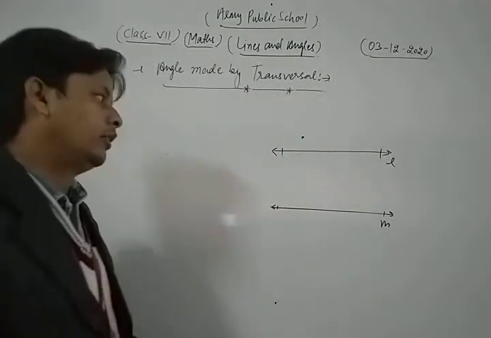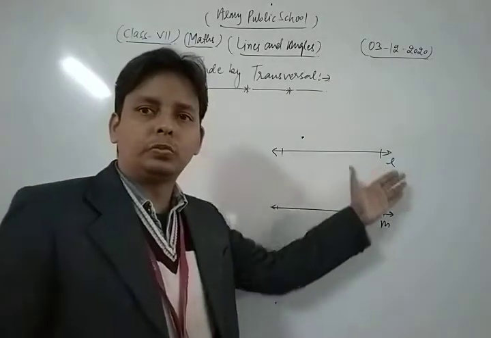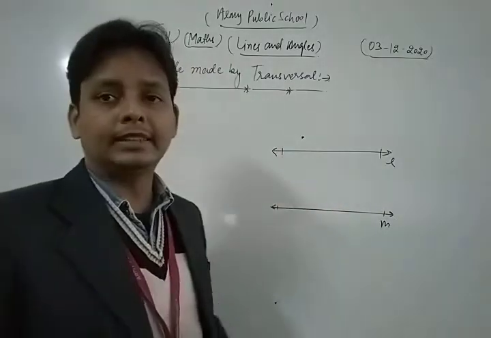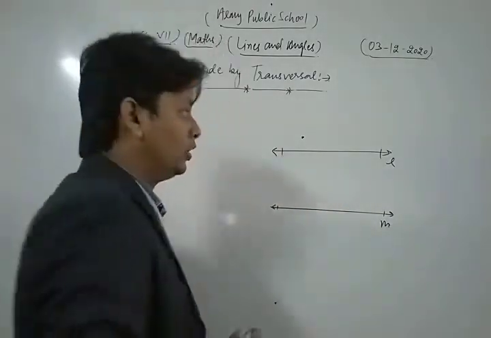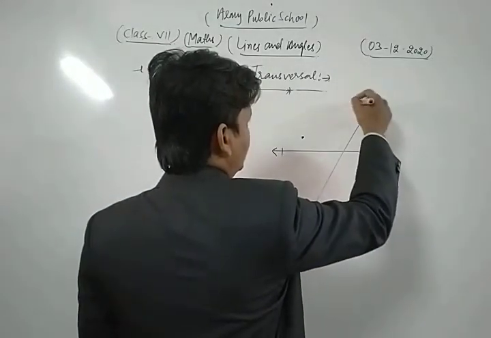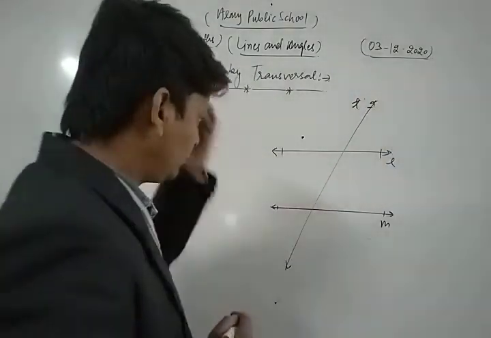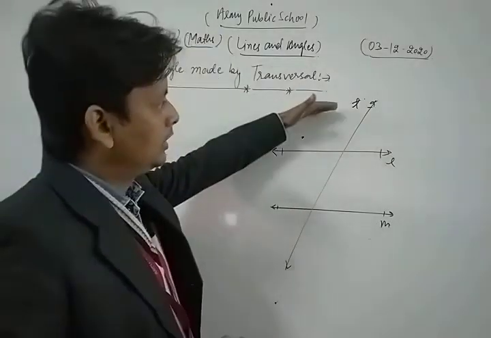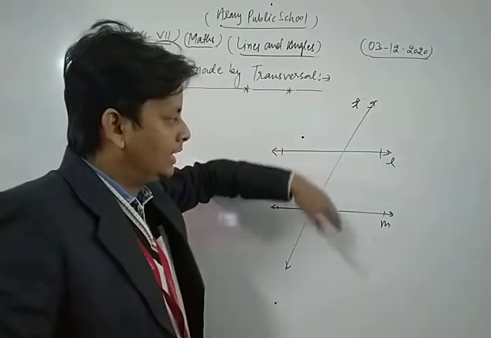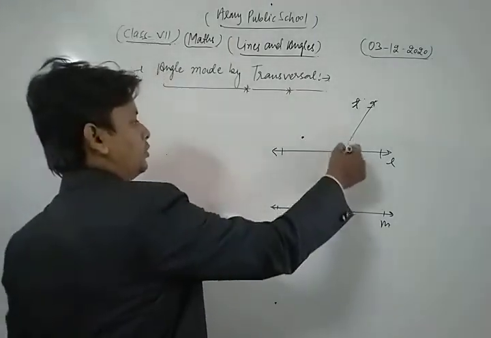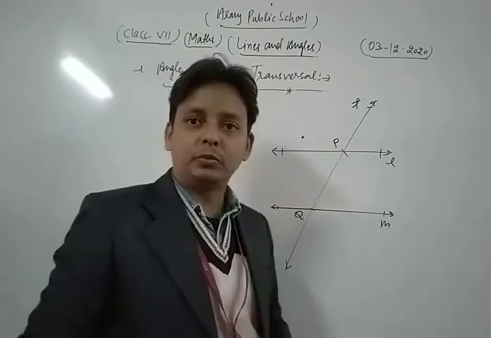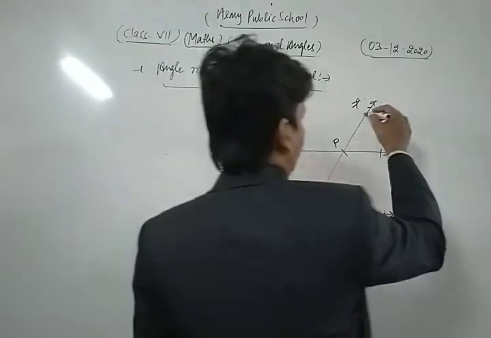Dear friends, if we draw two parallel lines L and M, and a third line T intersects both the lines at two distinct points, suppose P and Q respectively, then T is said to be the transversal.